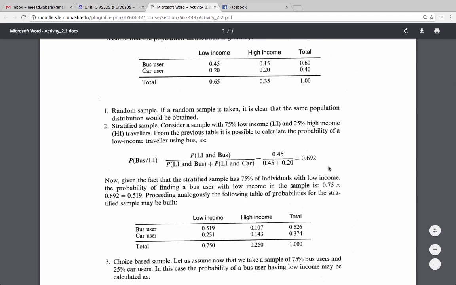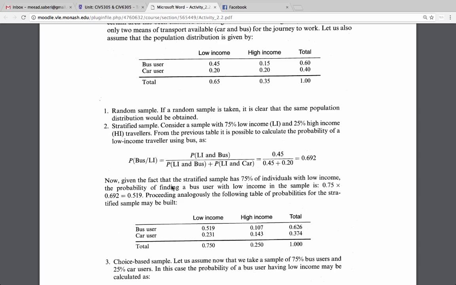Now in our stratified sample, we have 75% low income. Therefore, the probability of finding a bus user with low income would be 75% multiplied by the probability of bus conditional on low income, which gives 0.519.